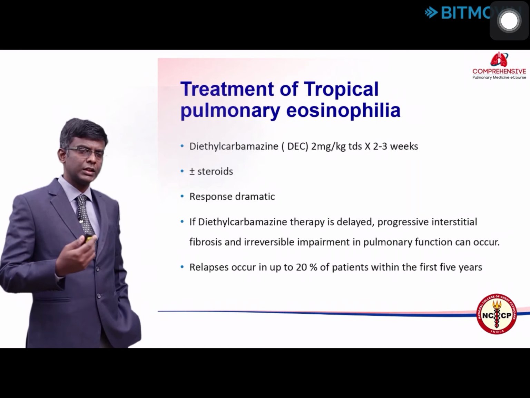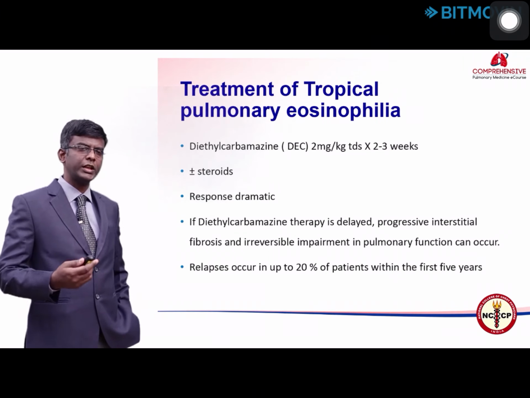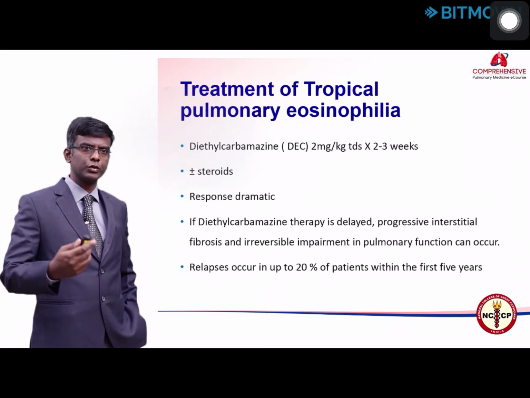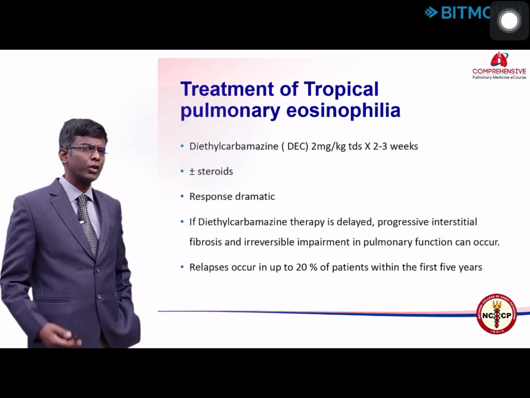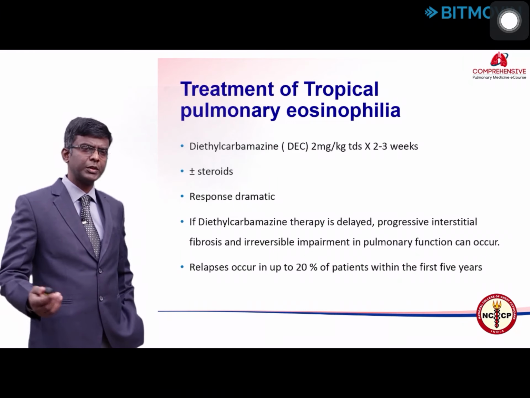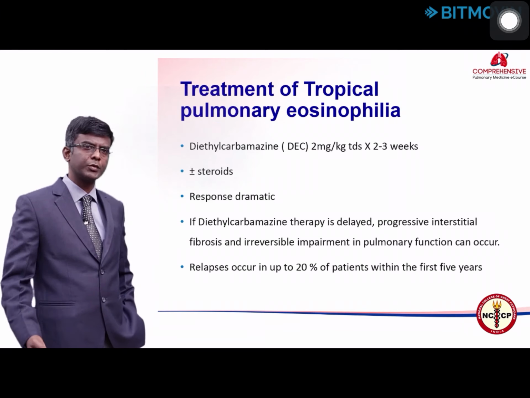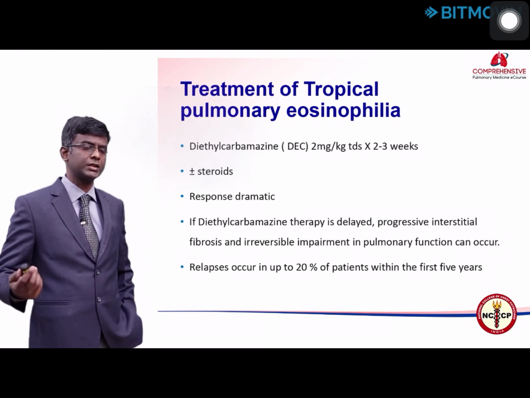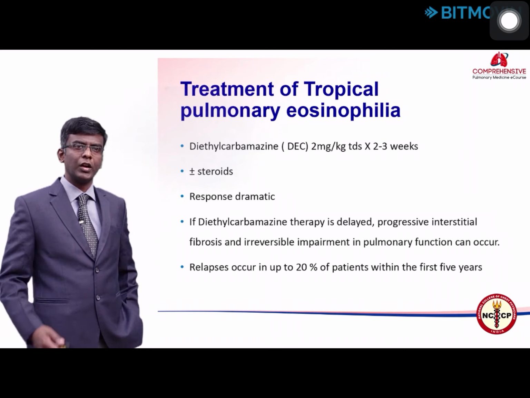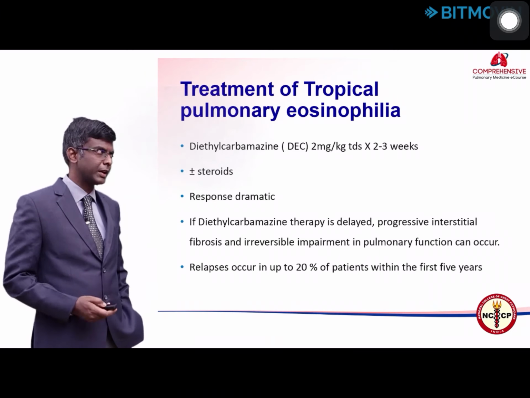The drug of choice is diethylcarbamazine, 2 mg per kg three times a day for 3 weeks. The role of steroids is not very clear. In the majority of the patients, they improve with diethylcarbamazine, so unless the patient is very symptomatic, you can avoid steroids. The response is dramatic.